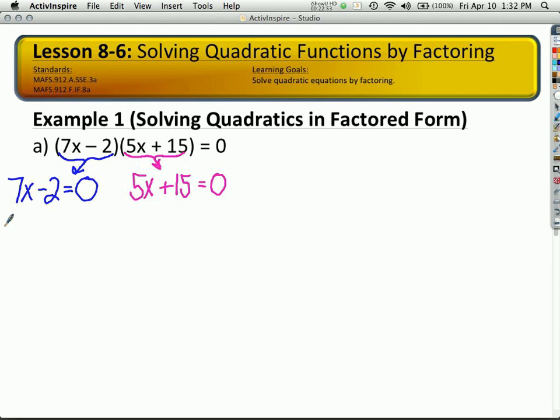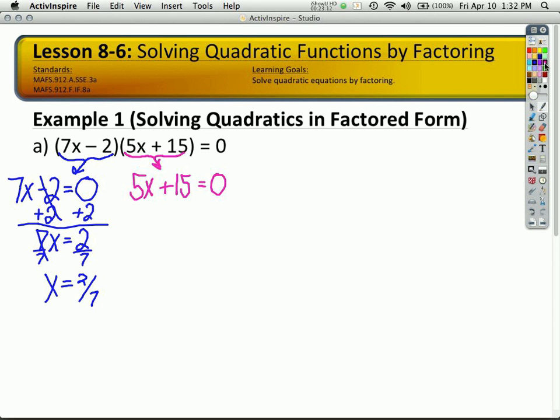I'm going to solve them up here. Add 2 to both sides. 7x equals 2. Divide by 7. X equals 2 sevenths. Solve the other one. Subtract 15.